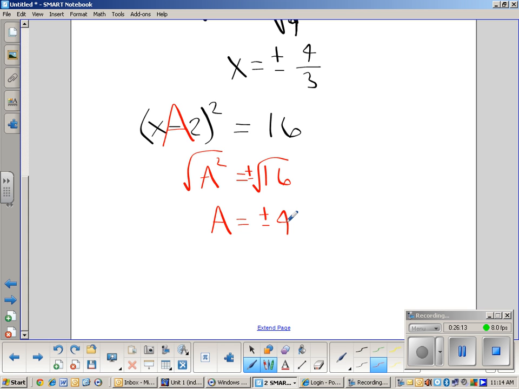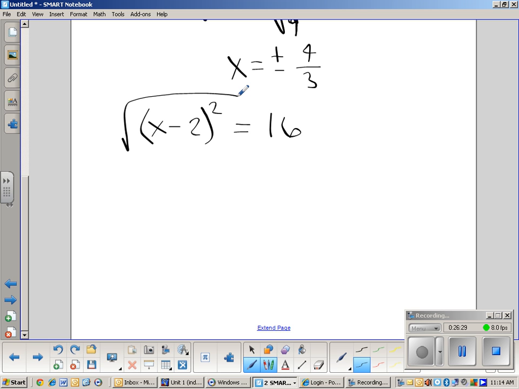Now it looks a little different because there's more than one term there. So this number's already squared. So now you can pick your pencil up again. I'm going to undo that squared by square rooting. The key is all of this is being squared. If I had other numbers over here, then it's not ready to be square rooted yet.